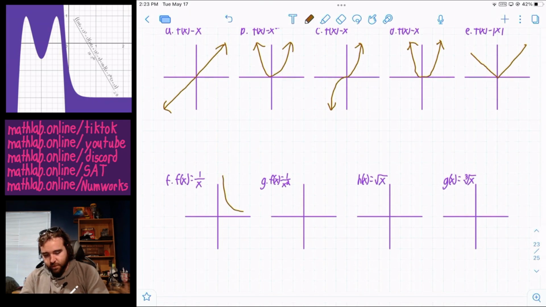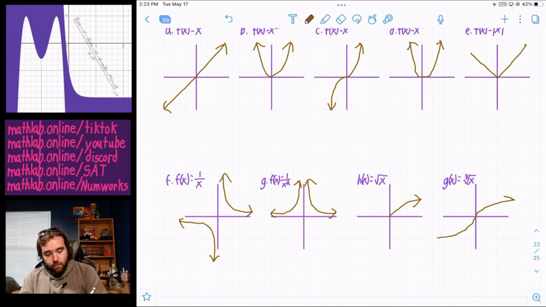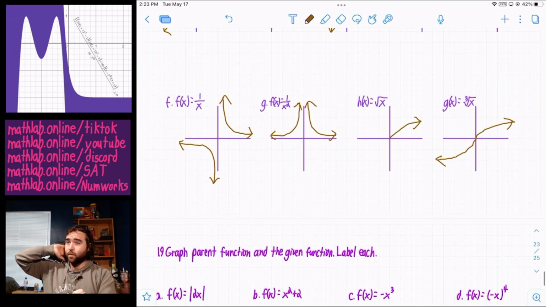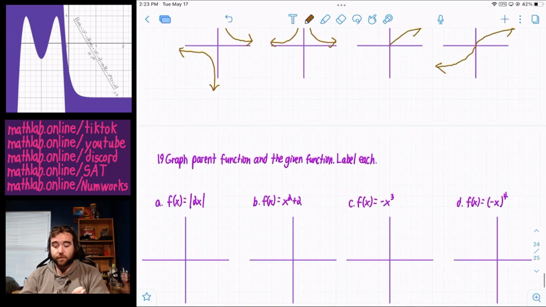This is our little double swoop where they're diagonal from each other. This is our little double swoop that are next to each other. This is our swoosh, and this is our double swoosh. So we got to know these basic graphs, because when we transform them, we're just transforming these basic graphs.